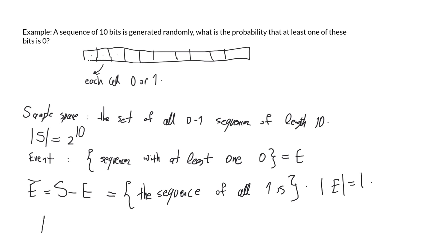Now the probability of E bar is therefore 1 over 2 to the 10.